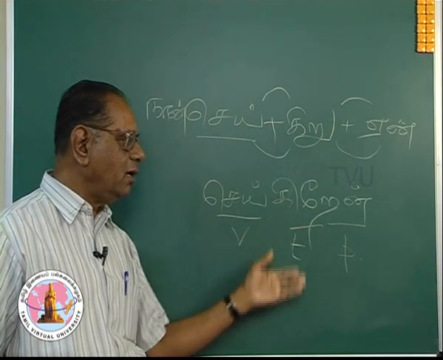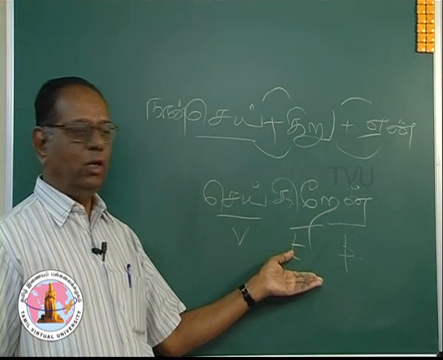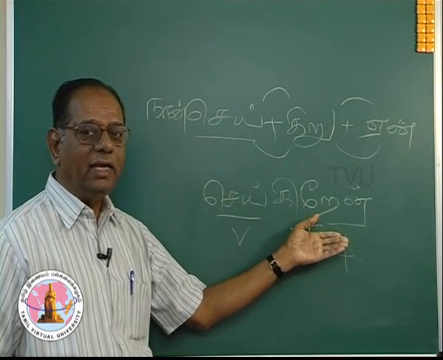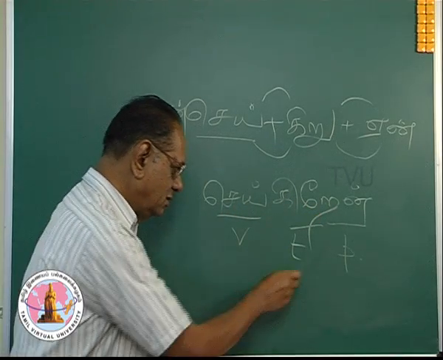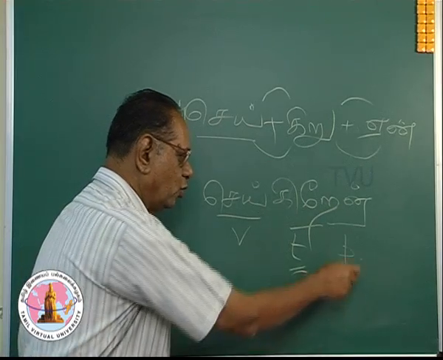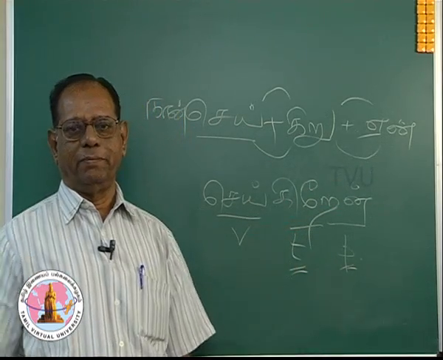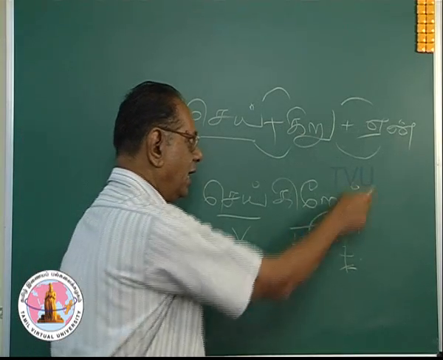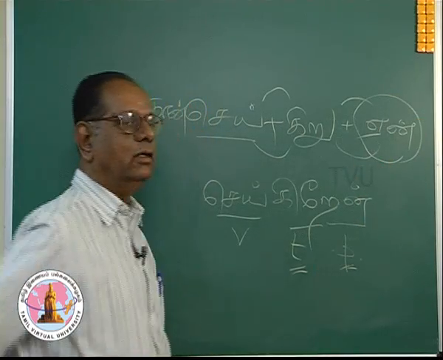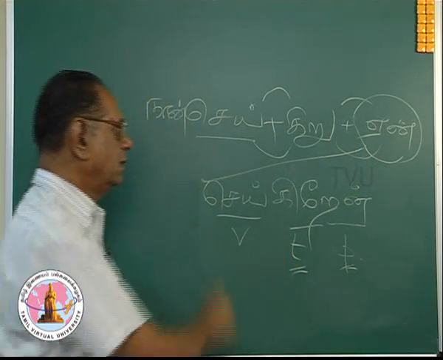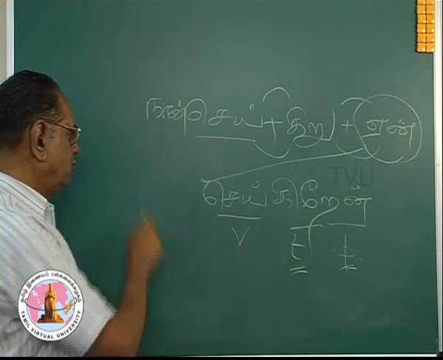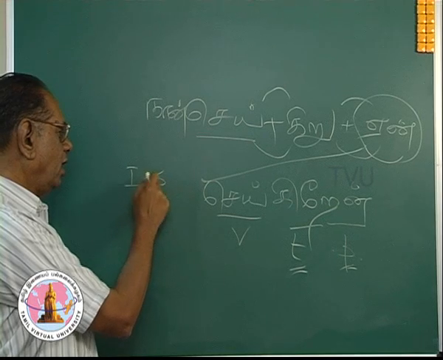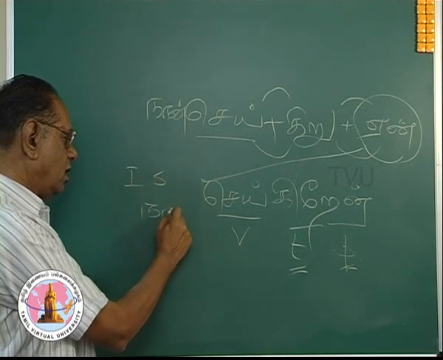As this has three components, you can very easily derive the tense and also the person. From ஏன், you can deduce that it is first person singular, that is naan.